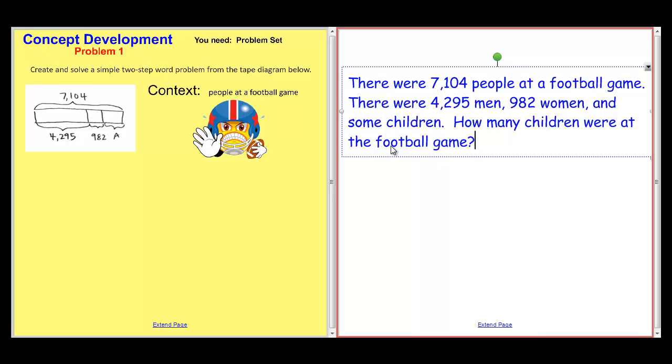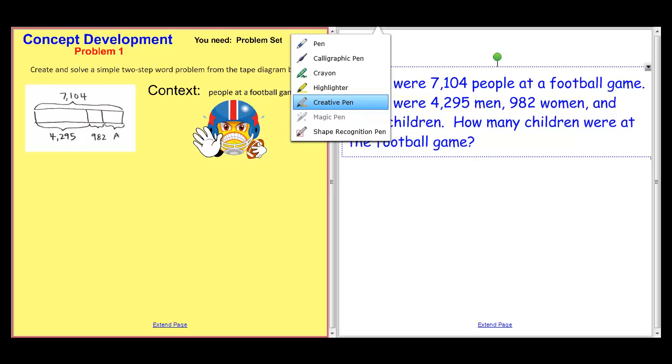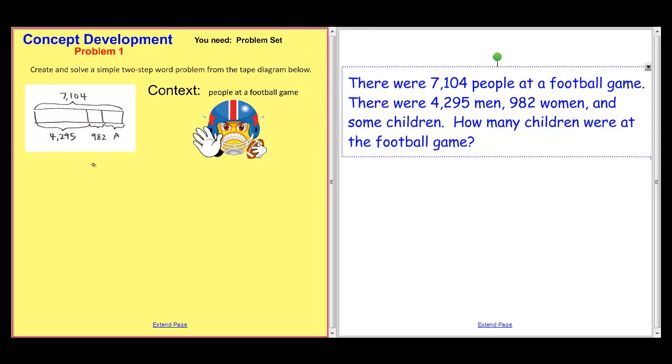Now it says not only do I have to create, I also have to solve. So now I have to solve for A. So I'm going to come up here and get my pen. Okay, so we've had several problems like this where we're given this total and then we're going to have to take away these two parts and whatever's left over is going to be A. So there's two ways to do this, but I'm going to go ahead and put the men and the women together.